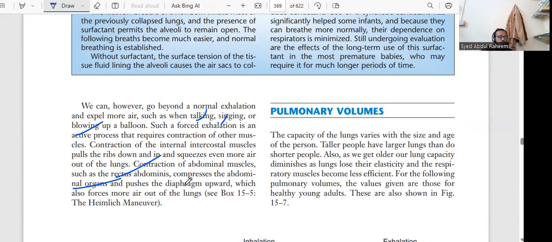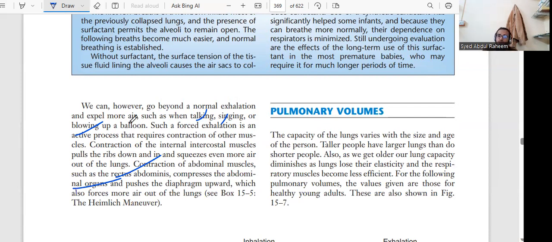air out of the lungs. Basically, whenever we are doing any work, like talking, like I'm delivering the class, I need more air. So it is beyond the normal exhalation.